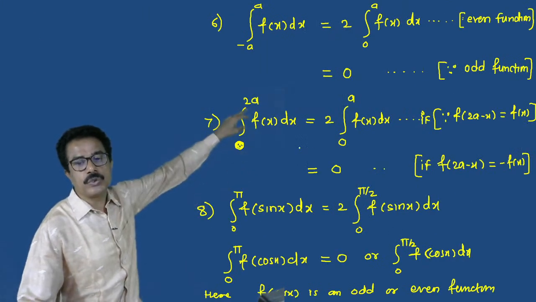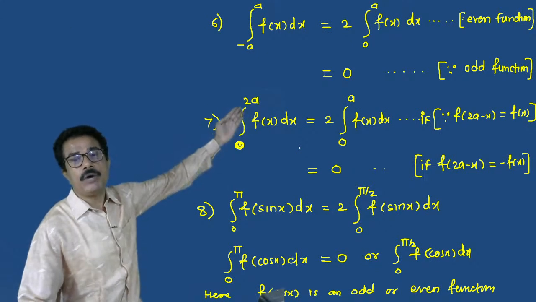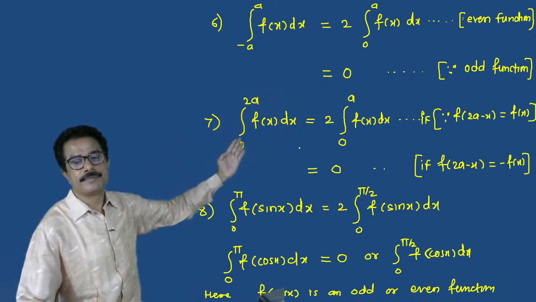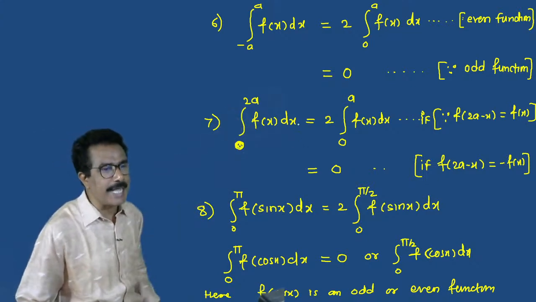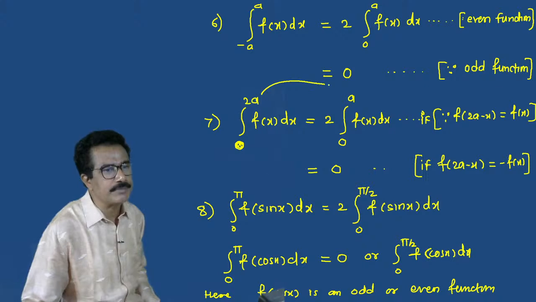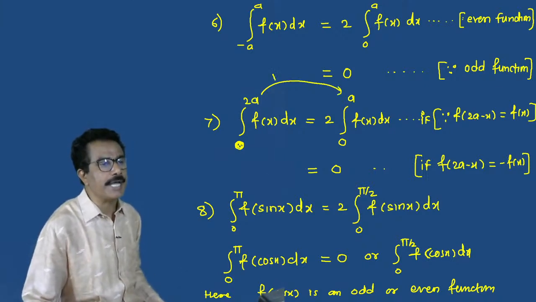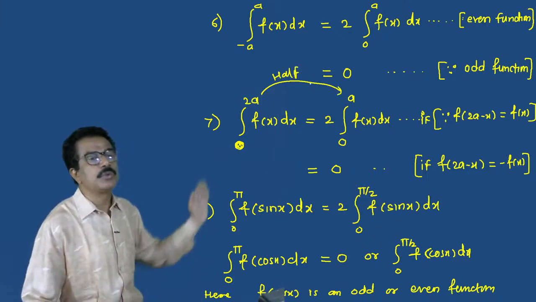Integral from 0 to 2a, we have to change the limit to 0 to a. Here we have 2a, so we write it in terms of half: 2a to a.